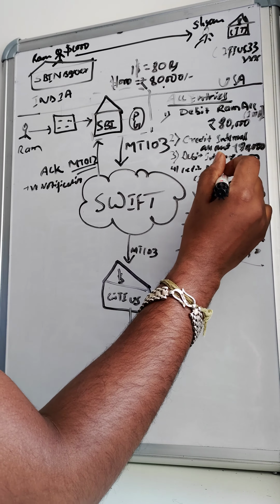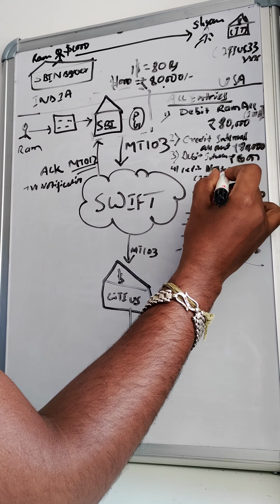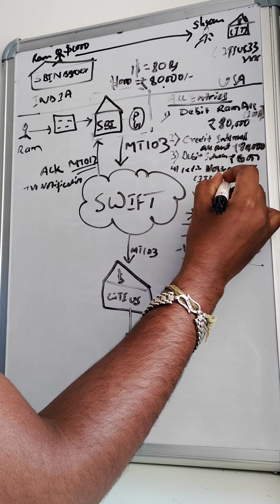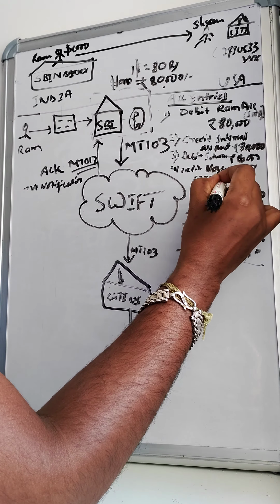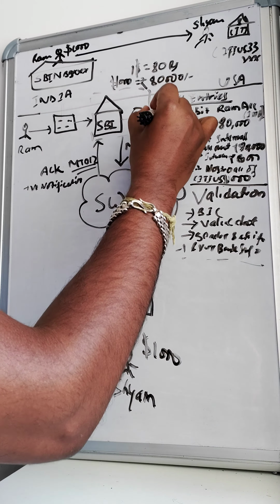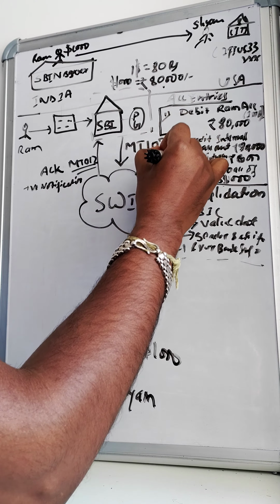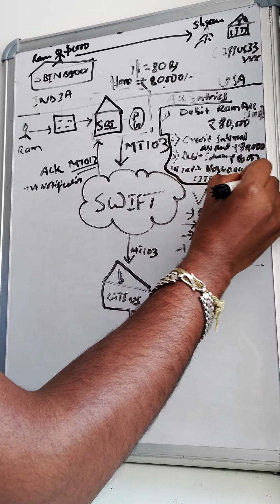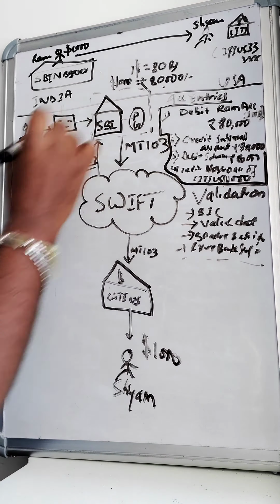This credit will happen in US dollars. That becomes 1,000. So these are the accounting entries that will happen at SBI Bank.